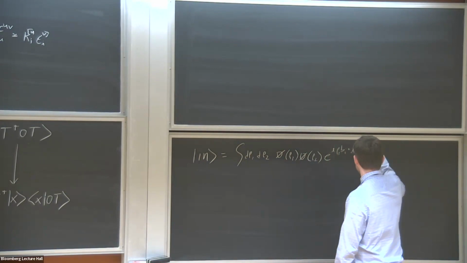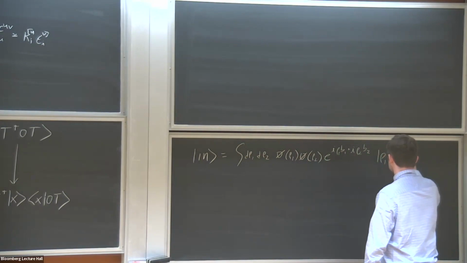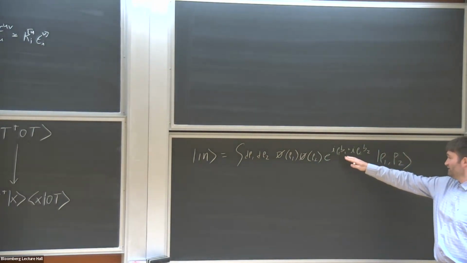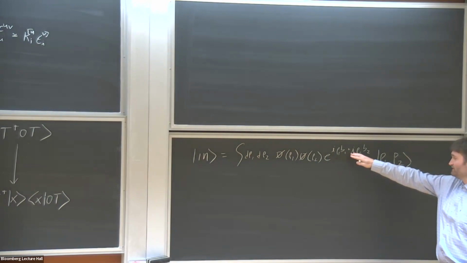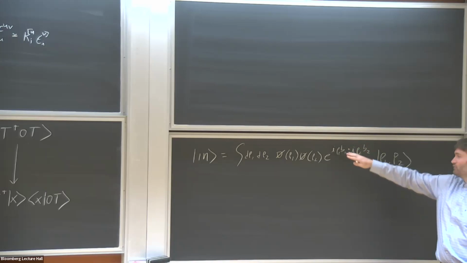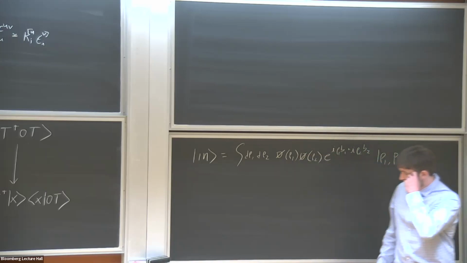Okay, I'm good on that. So I'm computing my end state. You can see I'm Fourier transforming to impact parameter space. I'm Fourier transforming to position space, and I have some wave functions here in momentum space.